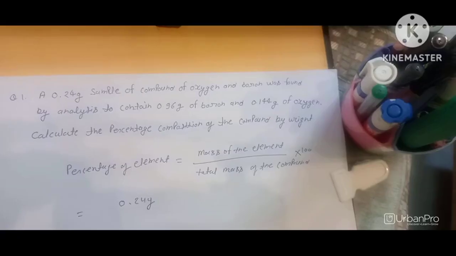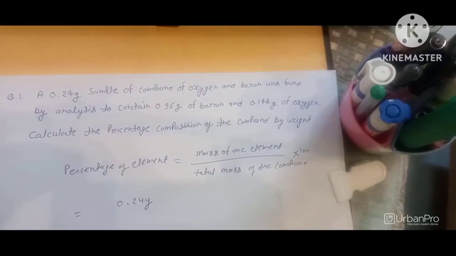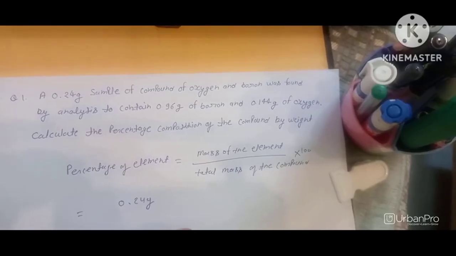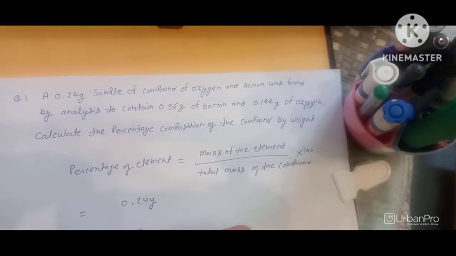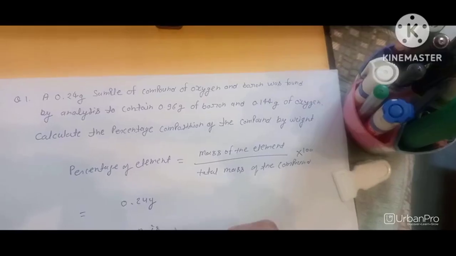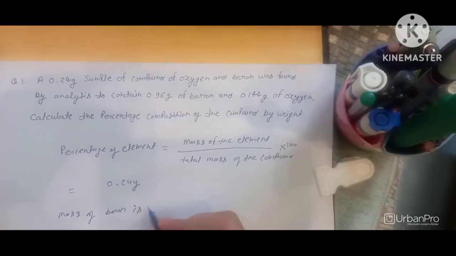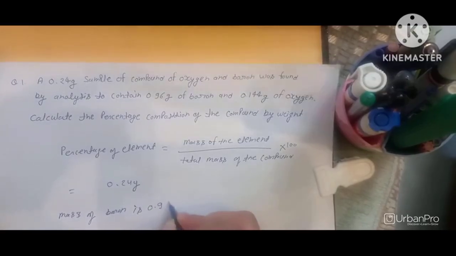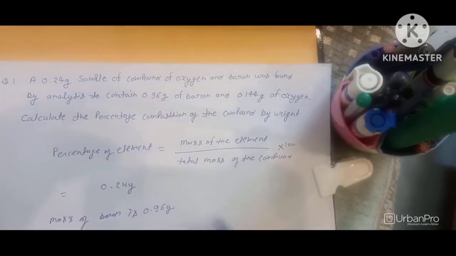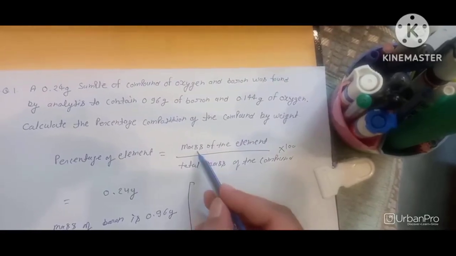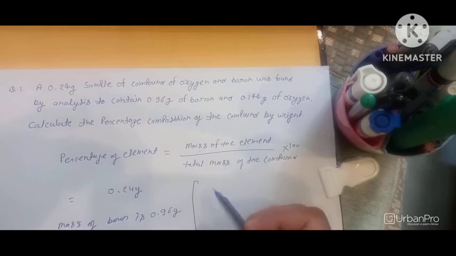0.24 grams, right? So the mass of the boron is 0.96 gram, right? So now calculate mass of the element.